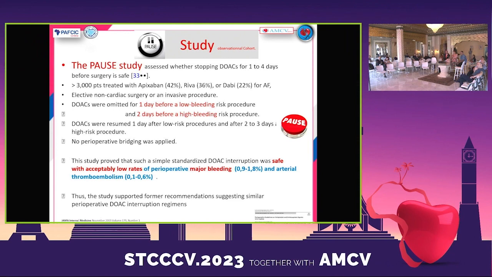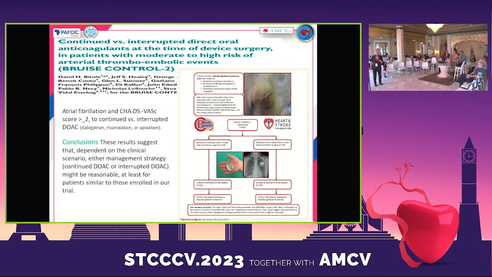And look at the bleeding. The measured bleeding is only about 1%, and the thromboembolic events are about 1.6%, so very low. So this is a very effective strategy.